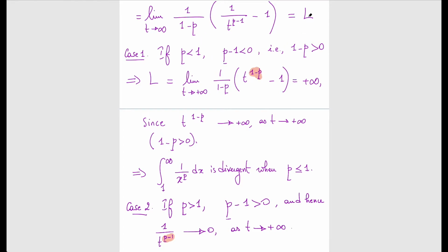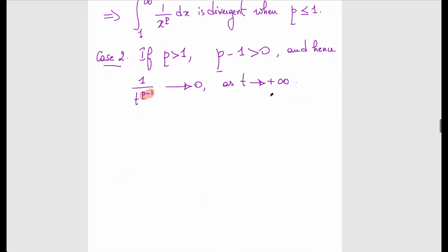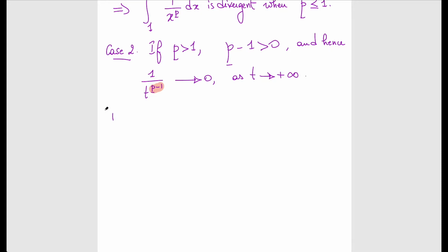And hence the limit becomes: this guy goes to 0, and the limit is simply 1 over 1 minus p times negative 1. Correct? So thus L is going to equal the limit as t goes to plus infinity of 1 over 1 minus p, I'm just copying what we had before, times 1 over t^(p minus 1) minus 1.